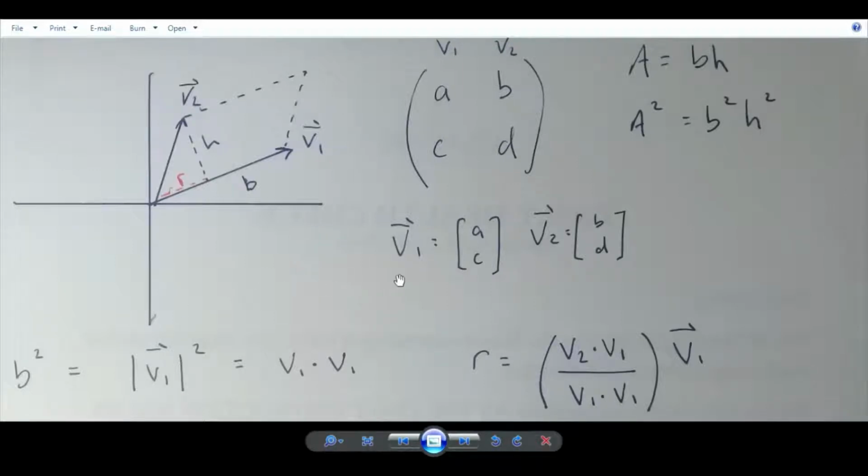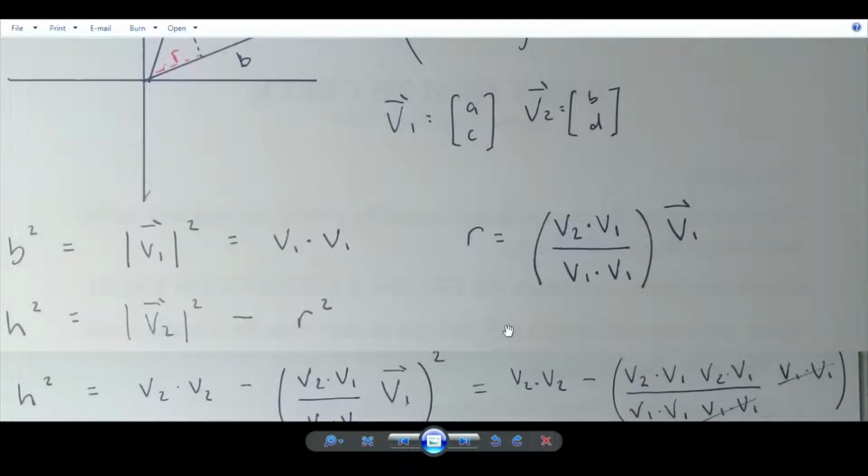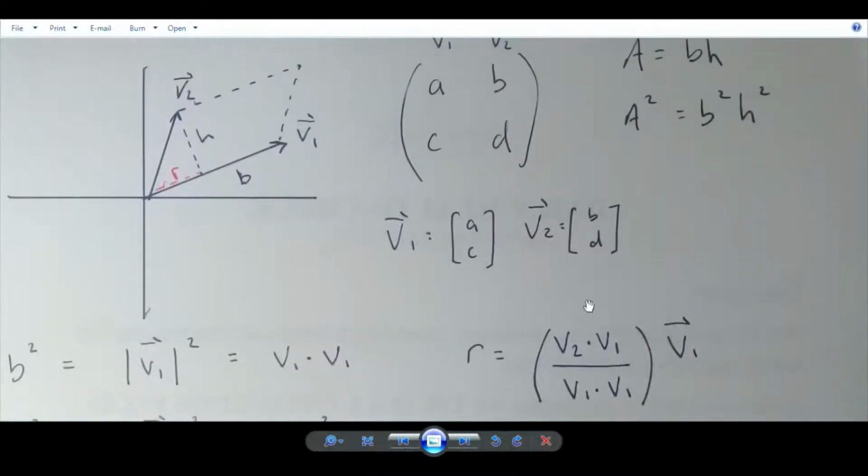Okay, welcome back. Now in my last video we talked about the determinant of a 2D matrix representing the area of a parallelogram formed by the two vectors that could be shown as part of this matrix. As part of that discussion, we came across this value here, which was the projection of vector 2 onto vector 1.